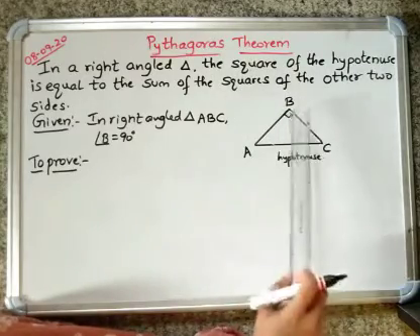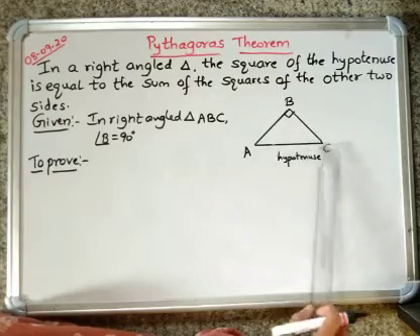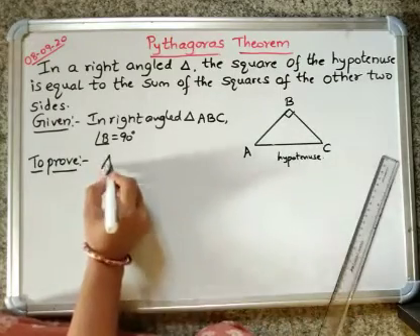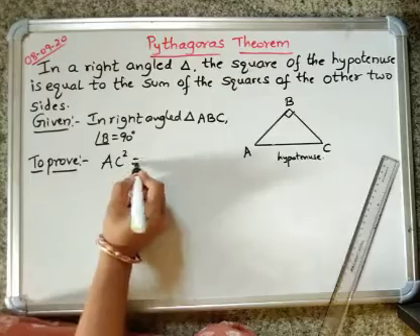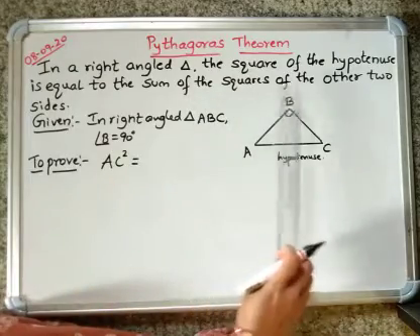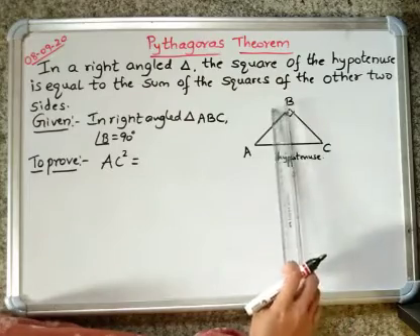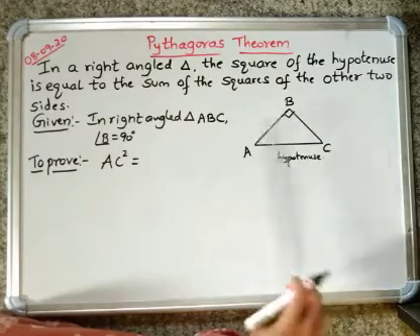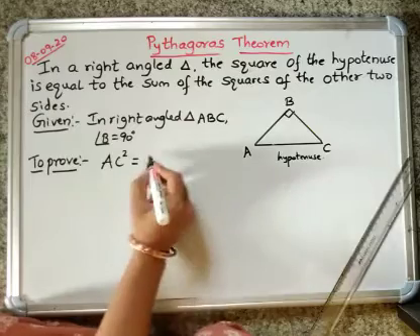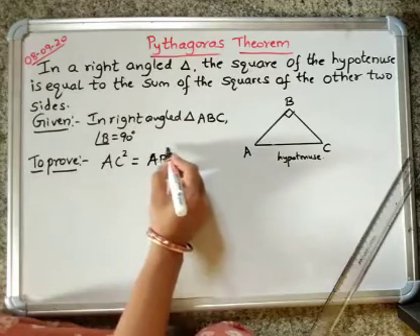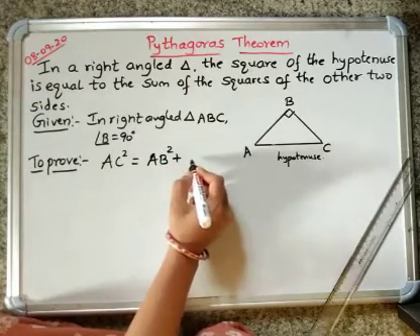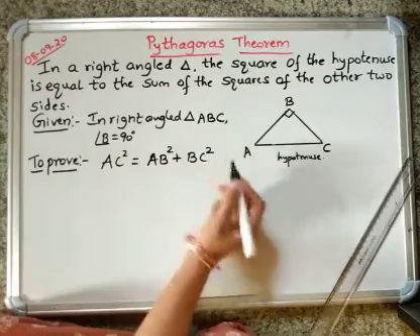Which is the hypotenuse here? AC, isn't it? So AC square is equal to the sum of the squares of the other two sides. Which are the other two sides? AB and BC. Sum means we add up, right? So we write is equal to AB square plus BC square.